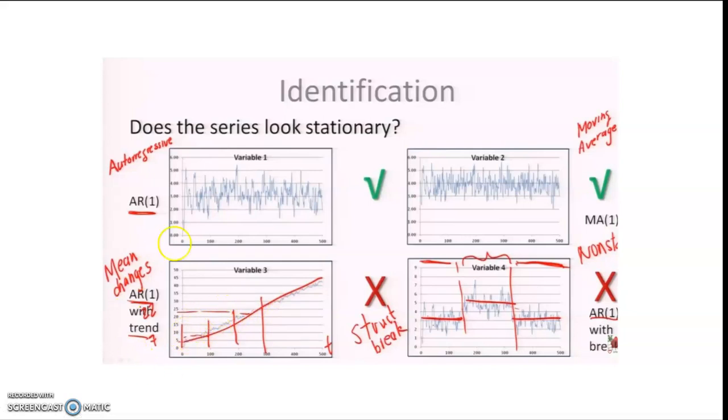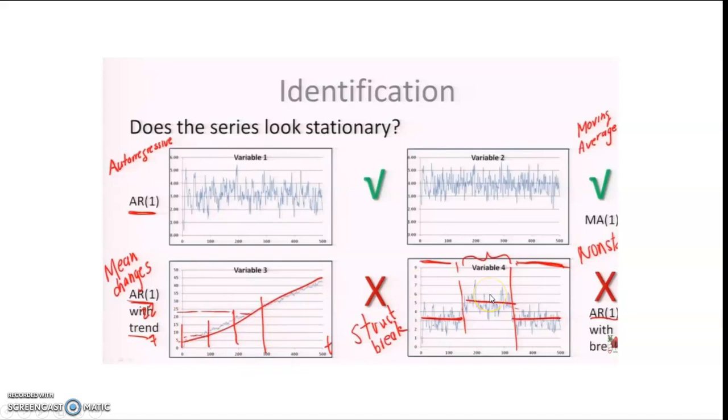For example, the mean of this series between 0 and 100 observation is almost 7, and the mean between 100 and 200 is somewhere between 11 and 12, and the one between 200 and 300, that may be 22. So the mean changes here. So this is also AR1 with trend. There is an increase in trend. So this is not stationary.